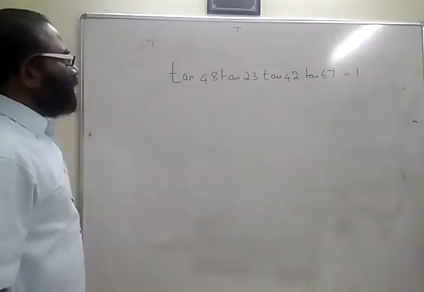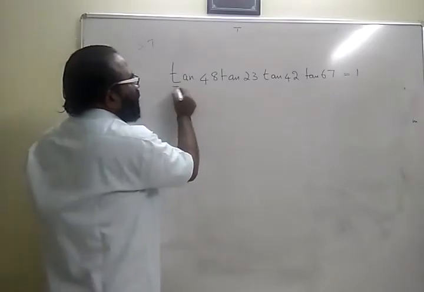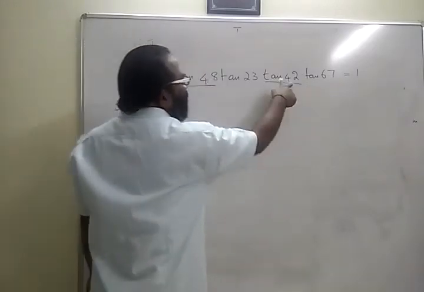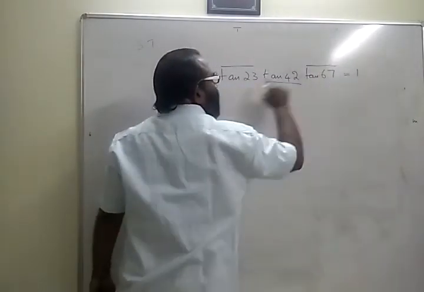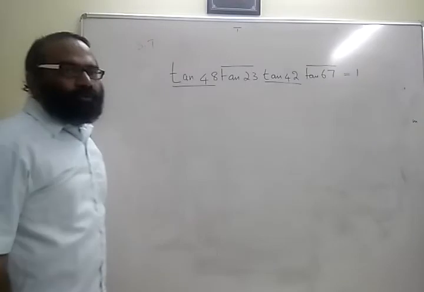So if I look at this problem, see tan 48 and tan 42, 42 plus 48 is 90. And look at these two, 23 and 67. They add up to 90.